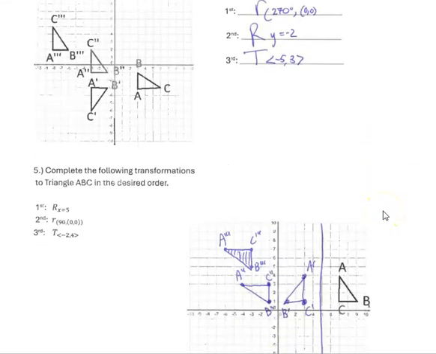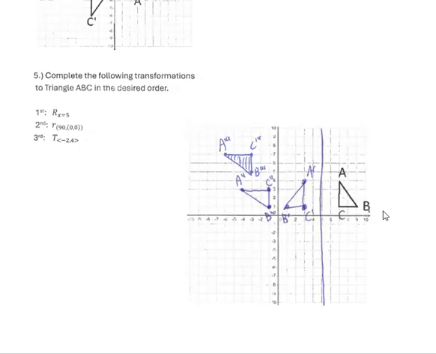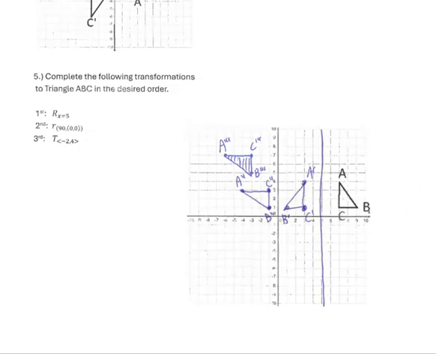Hopefully that made sense. And this last one right here, you're supposed to actually do the composition of transformations. So the first thing we're doing is reflecting over a vertical line at 5. Any points, since all of them are on the right of the line, they're going to all go to the left of the line, the same distance. Now that you have that, you are going to rotate all the way around 0, 0 by 90 degrees.